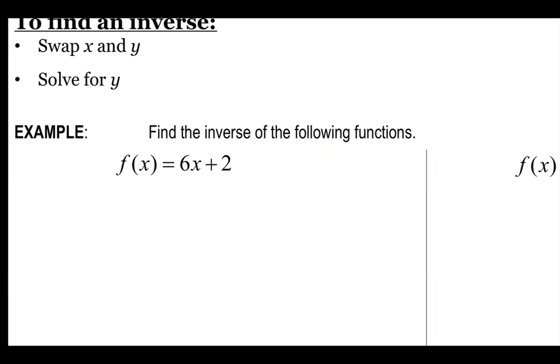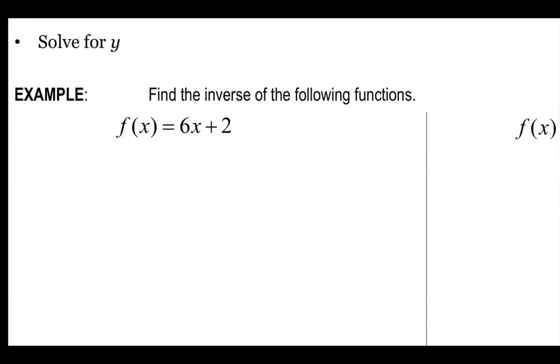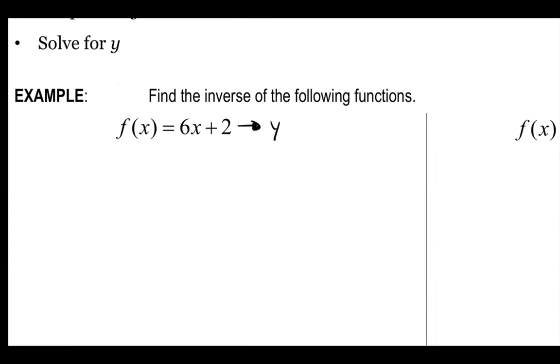We want to find the inverse of this line here. First thing I would need to do is swap x and y. Everywhere there was an x needs to be a y. Everywhere there was a y, there needs to be an x, okay? So first thing I would do is change this to y. Y equals, right? Because it's the same thing as f of x.